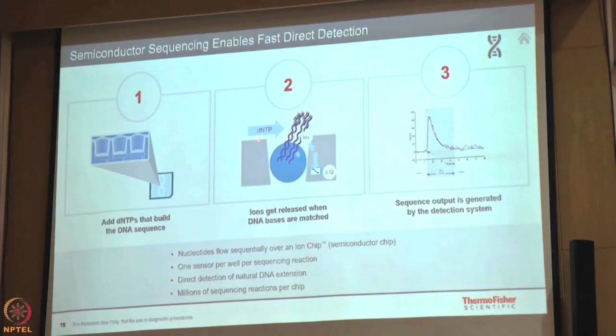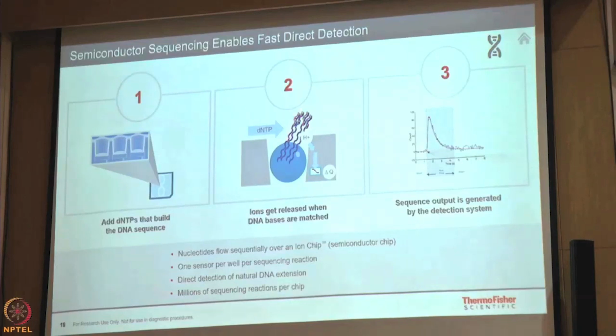So, the moment there is a dNTP flown onto the chip, supposedly we are flowing in an dATP as the first nucleotide. Now this particular action is taking place on millions of wells on the chip. So, all those wells which have an Ion Sphere which has a T as the first base, this dATP will go and bind.